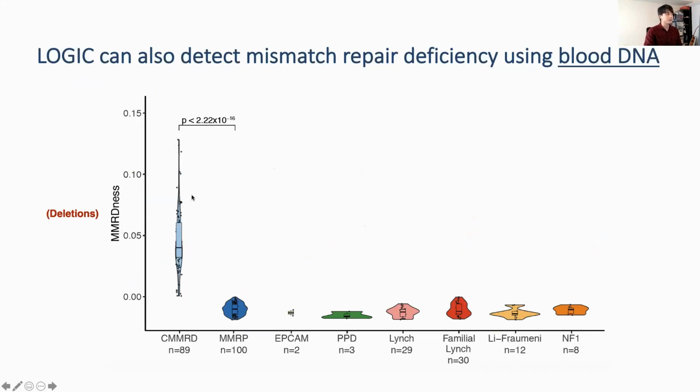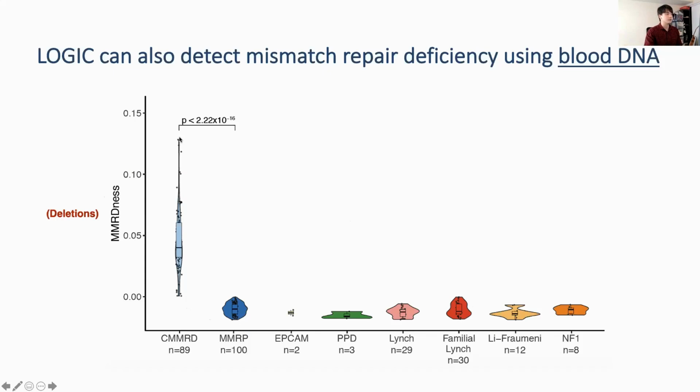We were able to find that CMMRD individuals had a significantly increased MMRD score compared to all the other cancer predisposition syndromes that we tested. Some of these are actually related to replication repair, but they were shown to be low, and others are pediatric cancer predisposition syndromes. So this shows that this tool can detect CMMRD just using blood tests.